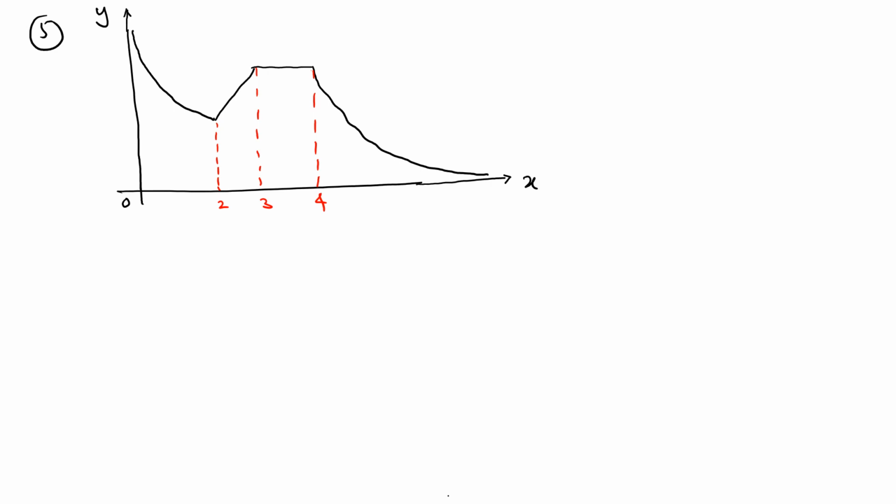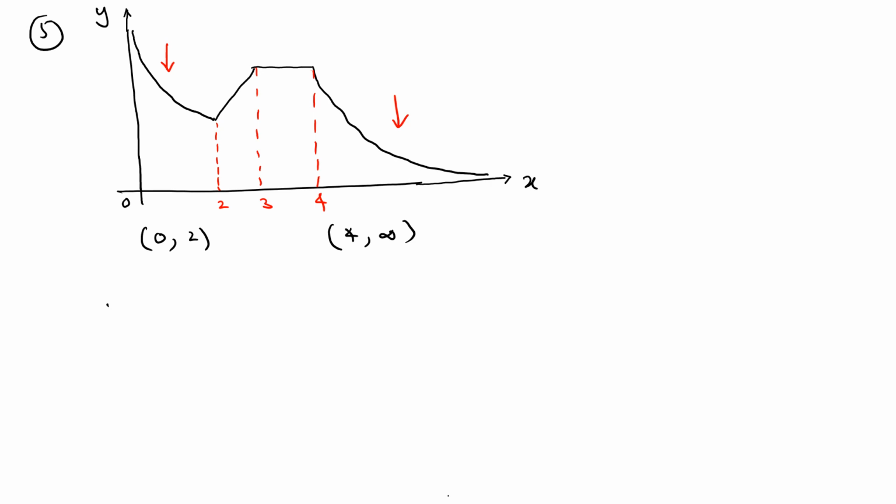Okay, so let's see what happened in this case now. We can see the function decreases on the interval 0 to 2 and 4 to infinity. On both intervals, the function decreases. So let's write it.